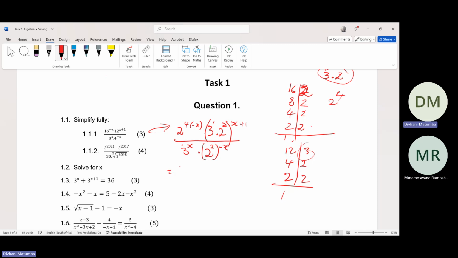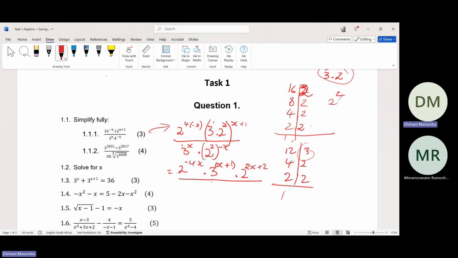This will be 2 to the power of minus 4x times 3 to the power of what? 3 to the power of 1 times x plus 1. Yeah, you're right. Okay. It's the same thing. Yes, sir. And then we'll have 2 to the power of 2x plus 2. That's perfect.